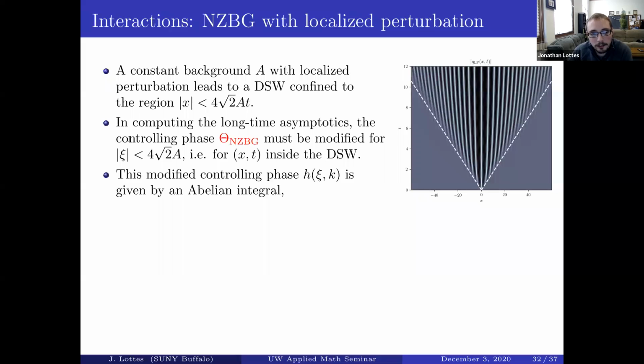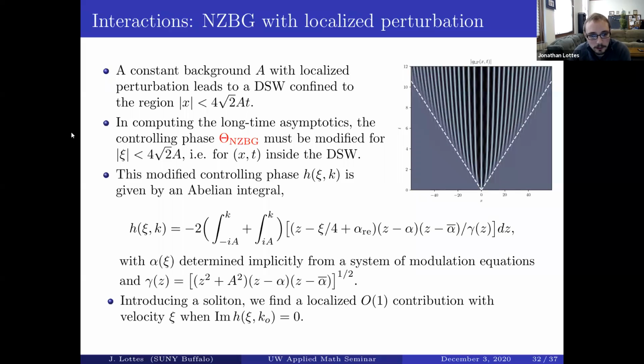And so again, as you go through the long-time asymptotics, we saw that for the solitons, we got contributions to the solution when the imaginary part of our controlling phase function was 0. However, inside the DSW, the controlling phase function has to be modified. Instead of having this theta non-zero background, it's replaced with this abelian integral h.